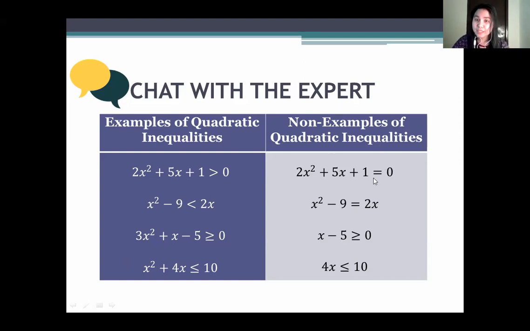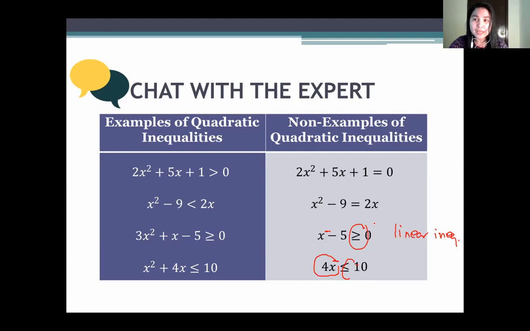There is an inequality, but you look at the exponent. It's 1. So we call it linear inequality. Then we have the last one, the same. There is an inequality sign, but the exponent is not 2. So therefore we call it linear inequality.